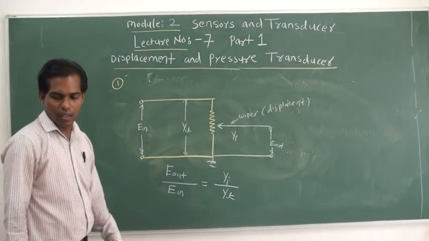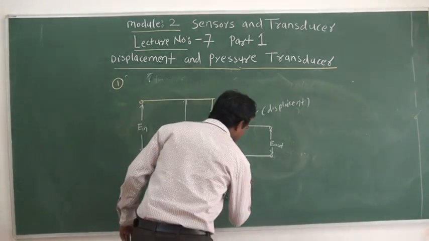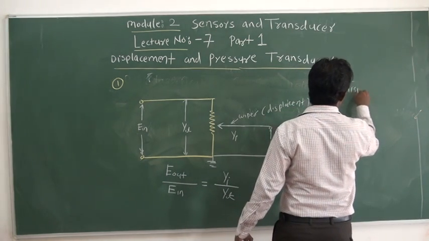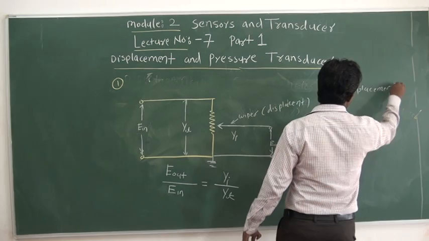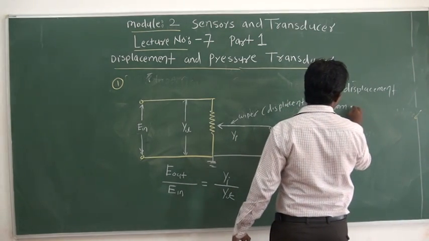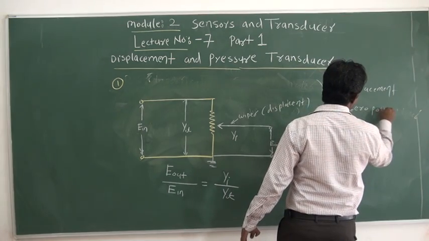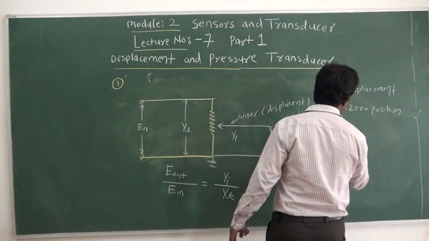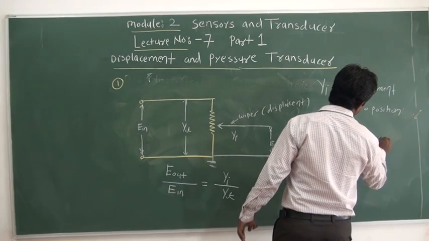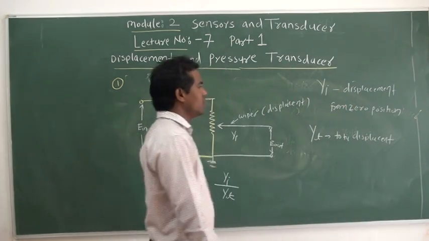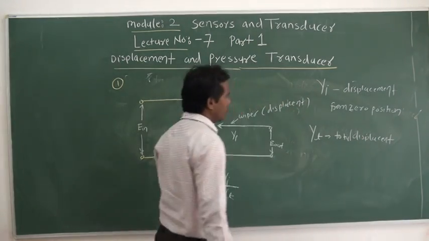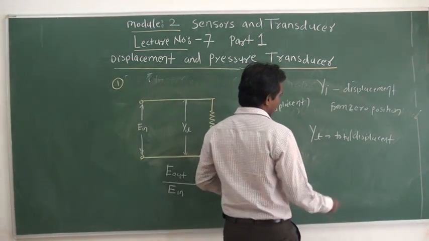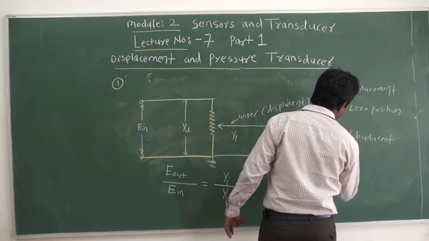Here yi is a displacement from the zero position, and yt is the total displacement, or we can say the total length of this translation potentiometer.